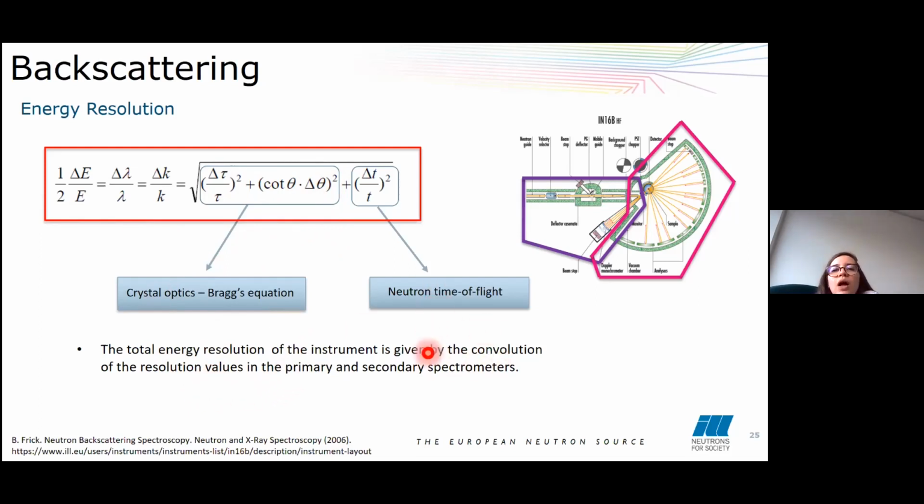The other term represents the neutron time-of-flight contribution to the energy resolution. So the total energy resolution of the instrument is actually given by the convolution of the resolution values in the primary and secondary spectrometer.